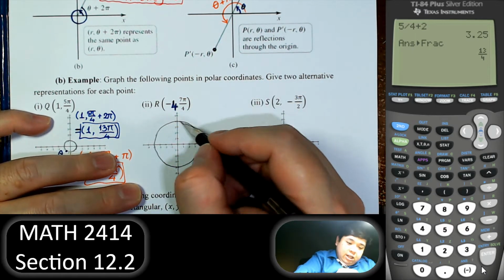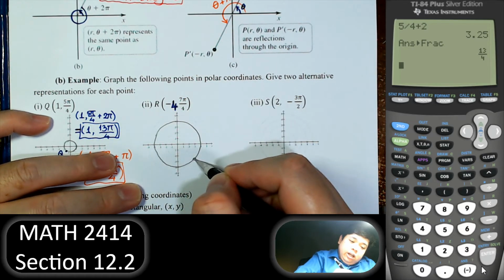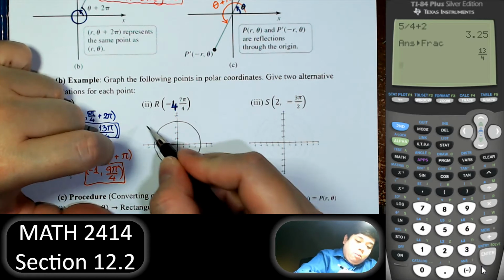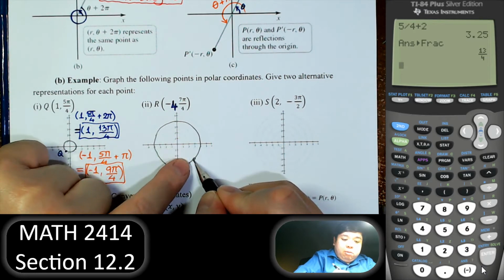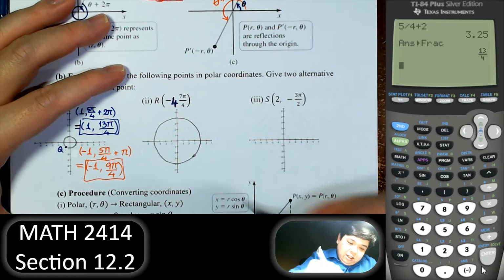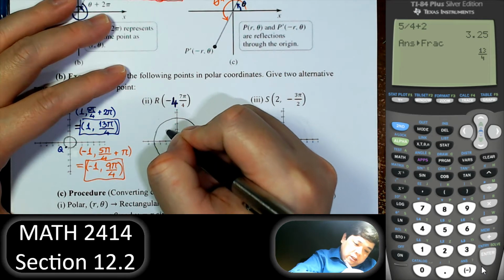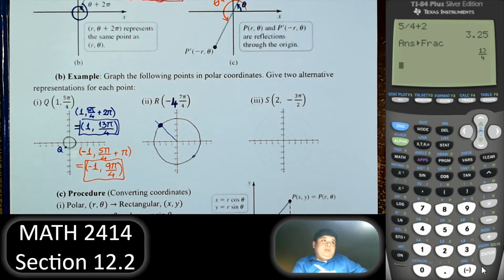However, here we have the negative. So instead of going 7 pi over 4, with negative 4, we have to go the opposite direction from where we stop. So we stop here, we have to go the opposite direction. So actually it will be this point.